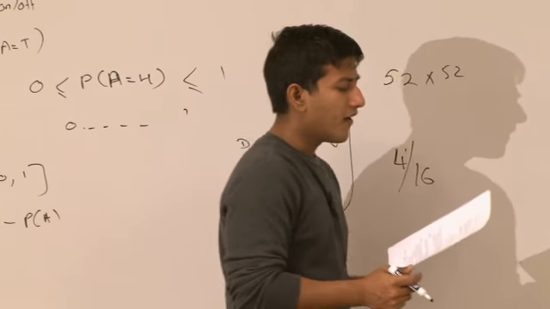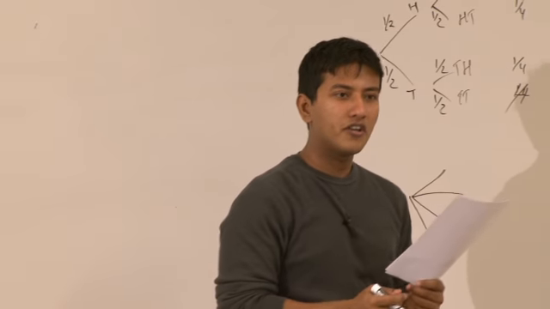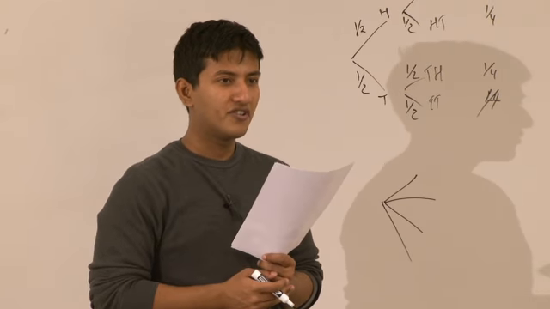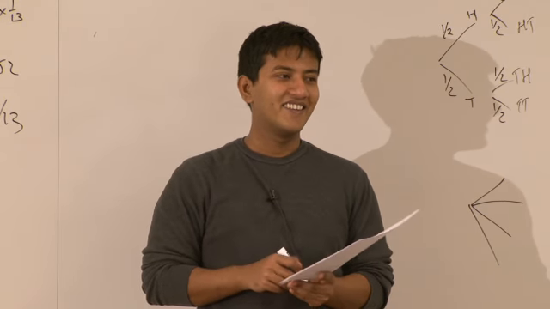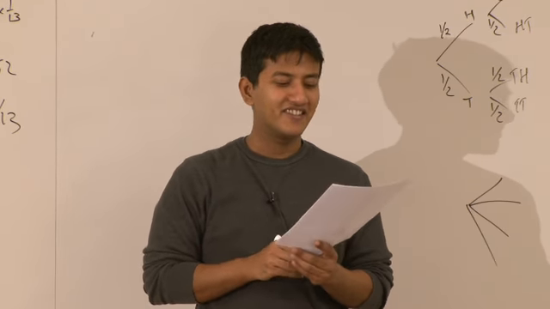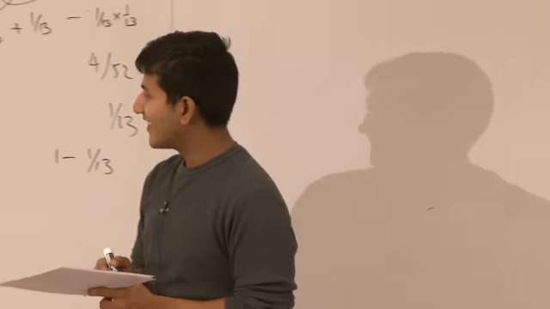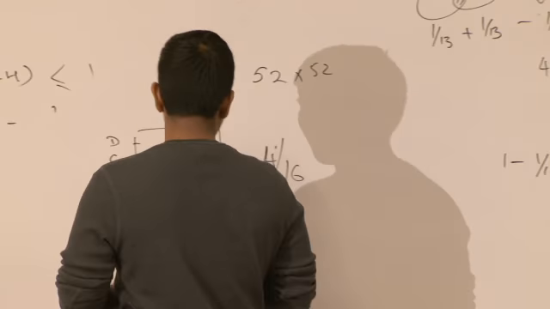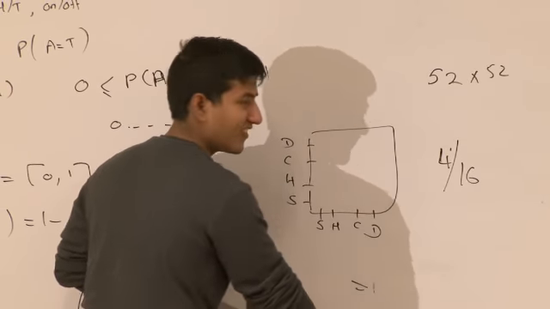What is the probability of getting neither card a diamond nor a club? Neither card is diamond nor club. That is tricky. But since we have this grid, we can easily visualize that.